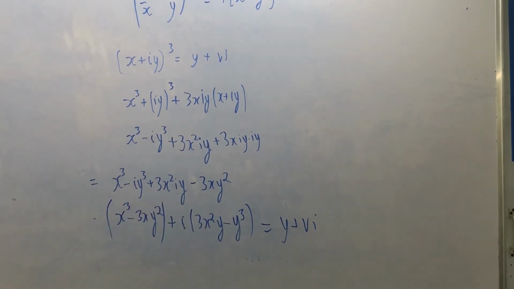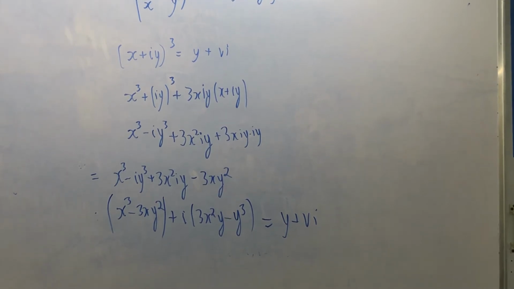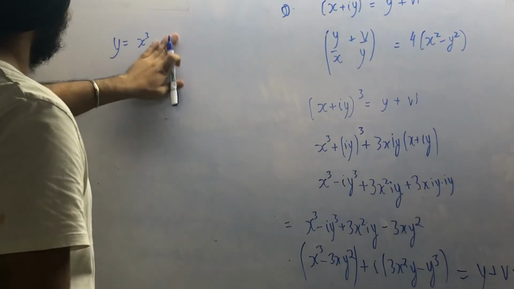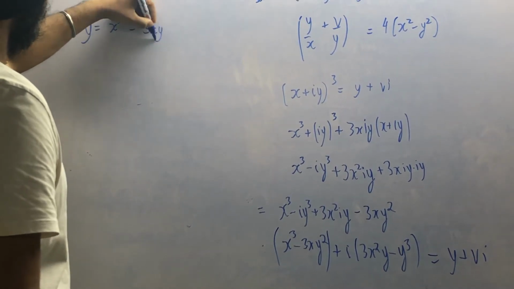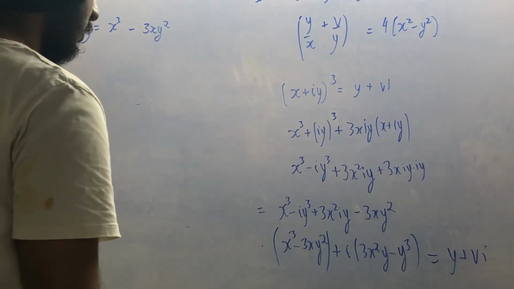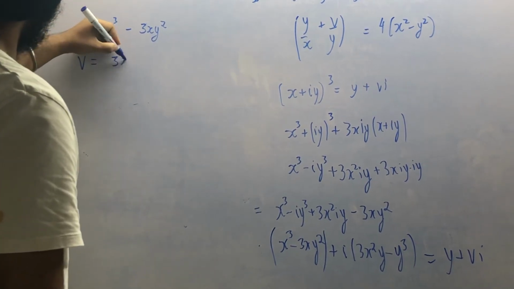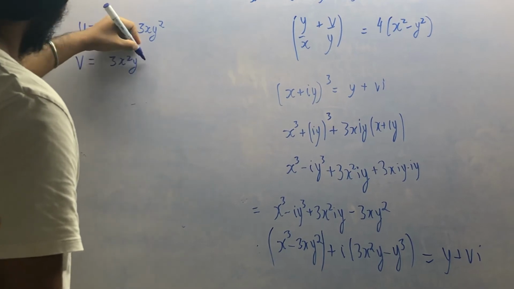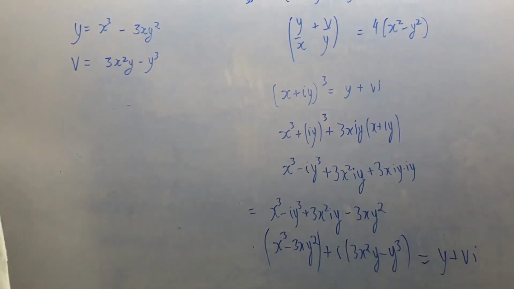So from here you can find the value of u and v. u is equal to x cube minus 3xy square, and v is equal to 3x square y minus y cube. So these are the two values of u and v that we get.